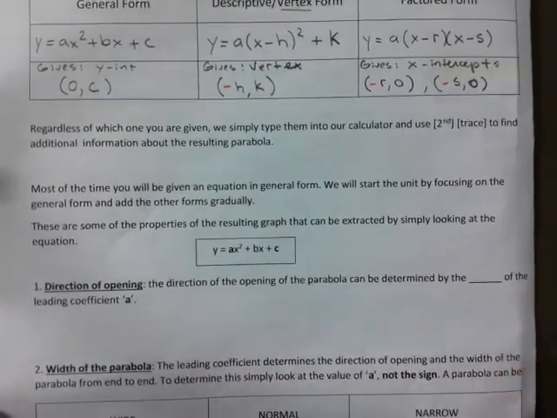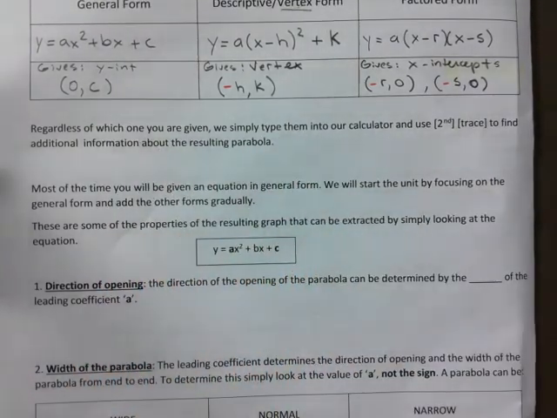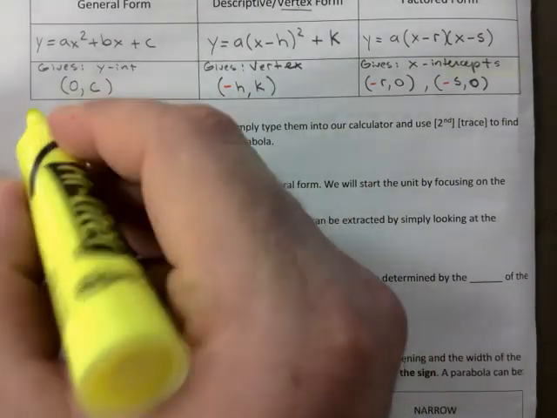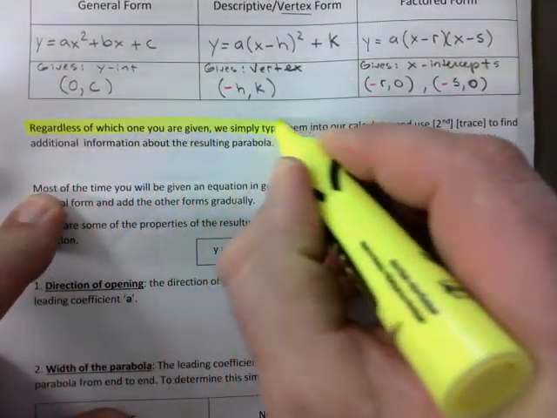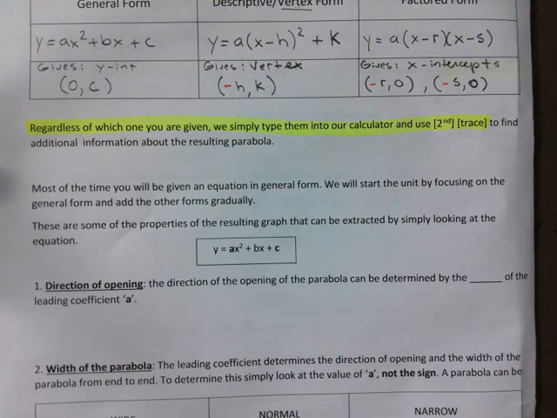Regardless of which one you're given, we simply type them into the calculator, right? And use second trace to find additional information about the parabola. Please remember that. Sometimes they look really scary. And I'm like, no big deal, just type it in.